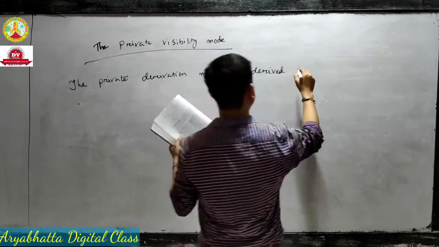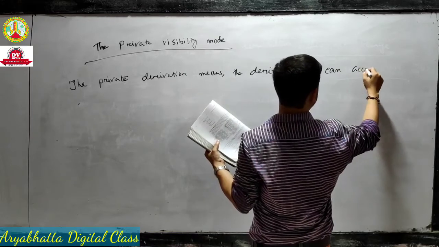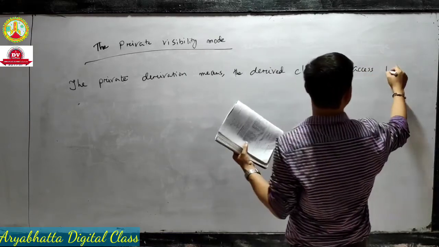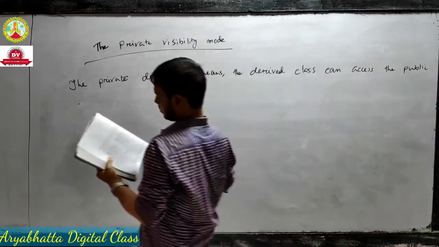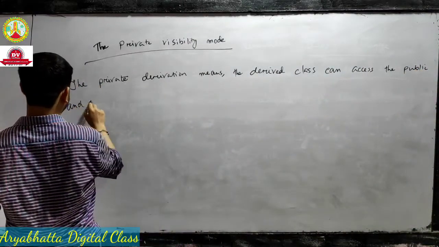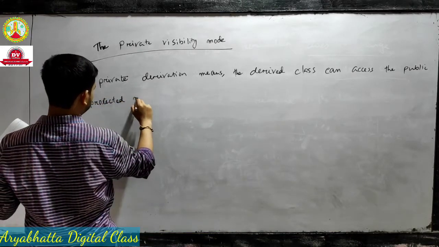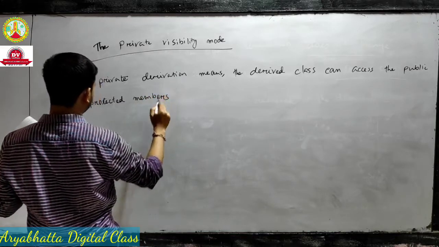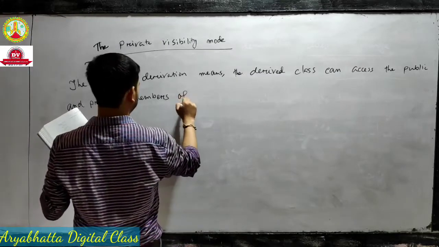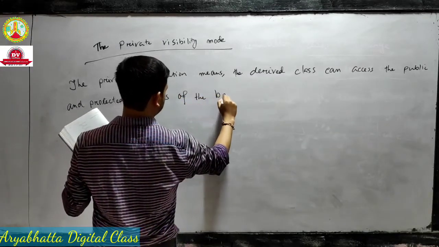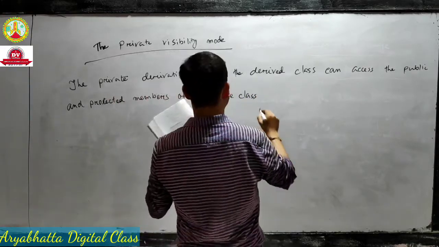the derived class can access the public and protected members of the base class privately.